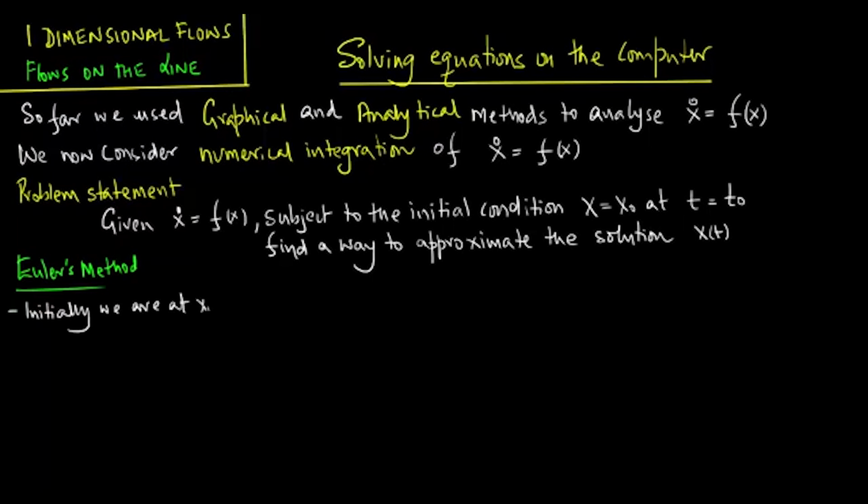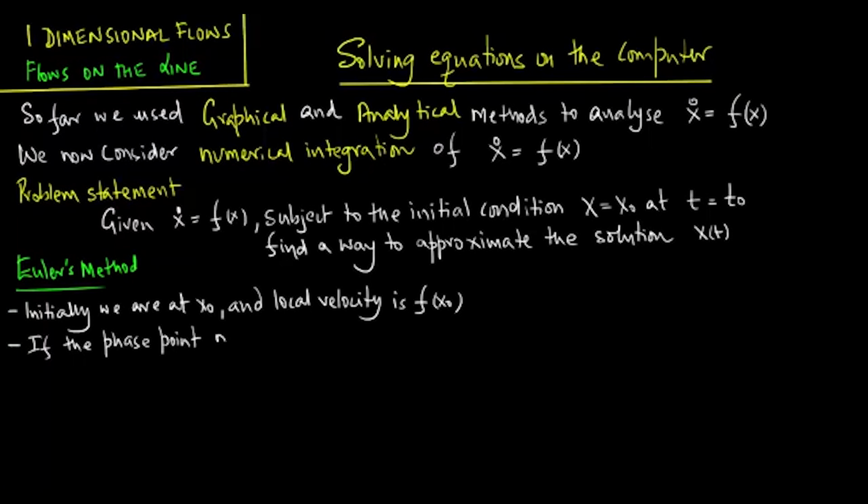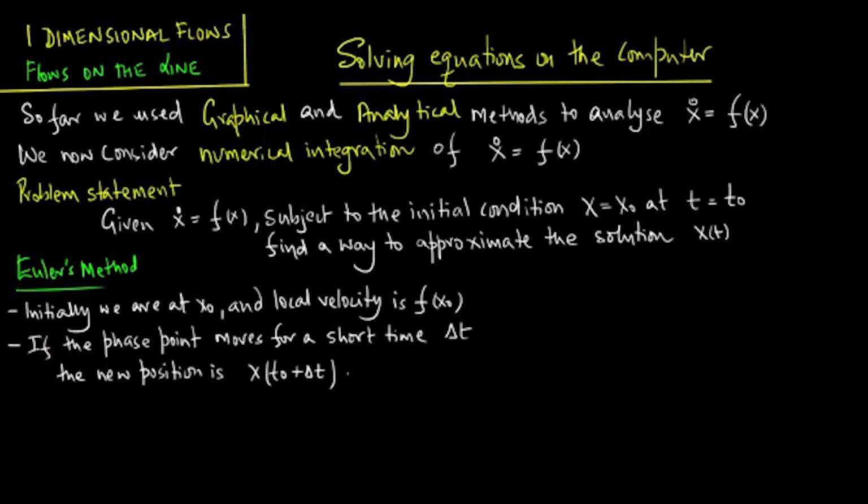Initially, we are at x naught and the local velocity is f of x naught. If the phase point moves for a short time delta t, the new position is x of t naught plus delta t, which is approximately equal to x naught plus f of x naught times delta t, which we call x1.